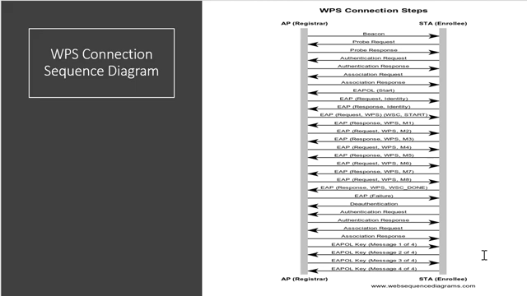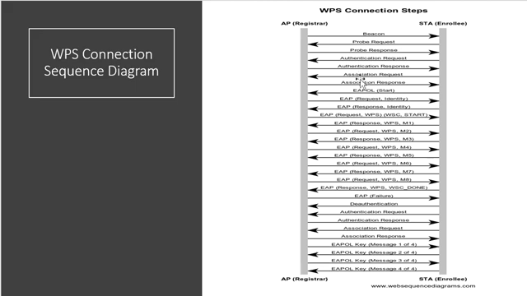Coming to the WPS connection sequence diagram. Here it's clearly mentioned that there is a station, that is nothing but the enrollee. There is an AP that is called the registrar. So first of all, the AP is beaconing. Then the probe request and probe response will come. Then the authentication request and authentication response will happen.